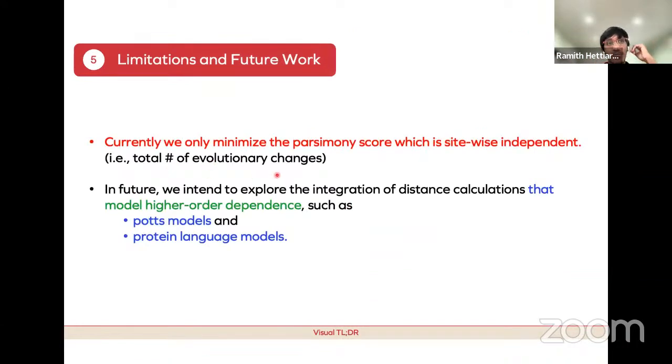In future, we intend to model these higher order dependencies through some differentiable deep learning method, maybe a protein language model. So, rather than just the evolutionary cost, how many changes happen, we can obtain a better score. That could be a future case.